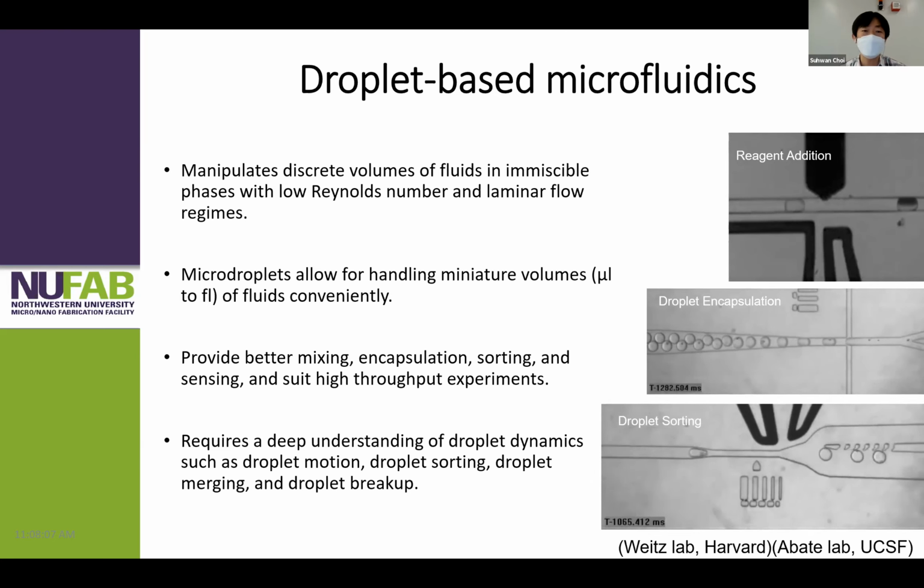Micro droplets allow handling of miniature volumes, from microliters down to femtoliters. It provides better mixing, encapsulation, sorting, sensing, and high-throughput experiments, and it requires a deep understanding of droplet dynamics.